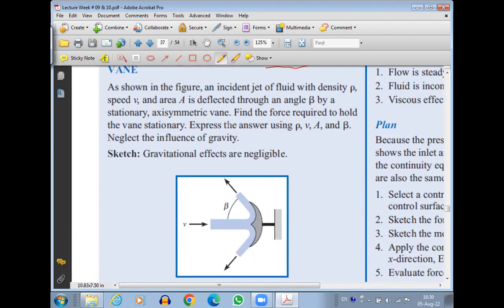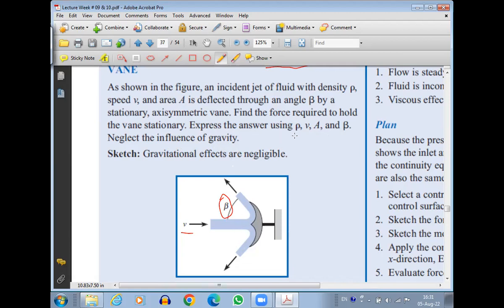Find the force required to hold the vane stationary. Express the answer using rho, v, A, and beta. Neglect the influence of gravity. Beta is the angle through which the jet is deflected, and the velocity with which the fluid is coming towards the vane is v.